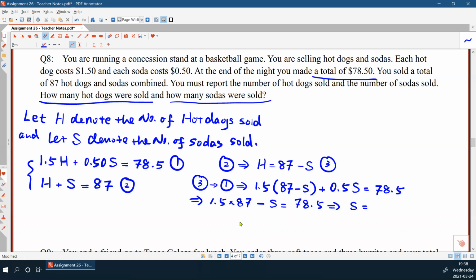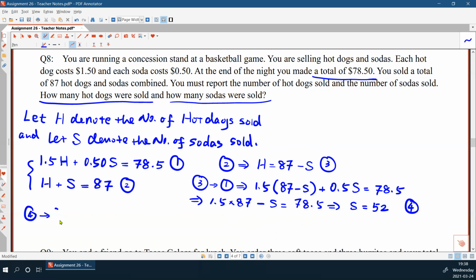So S is actually 52, right? Okay. And let's say this is 4.